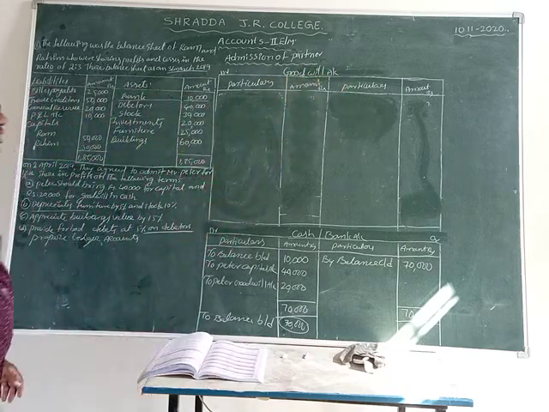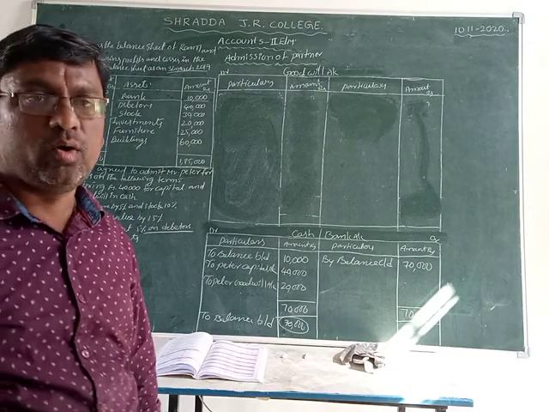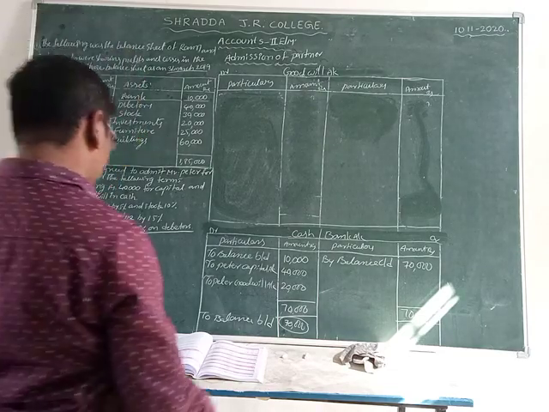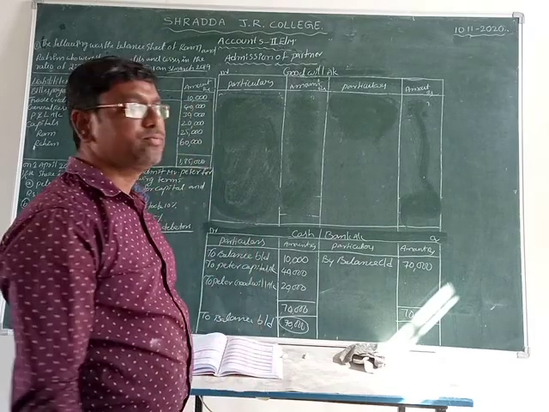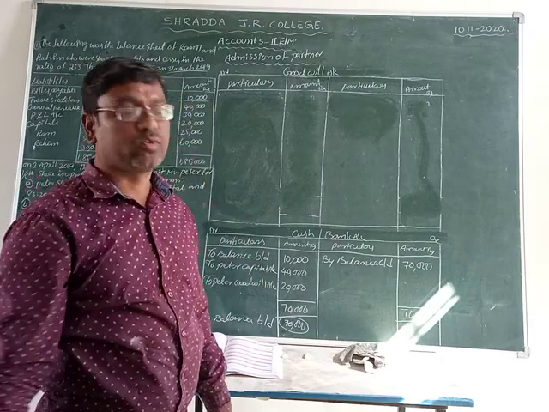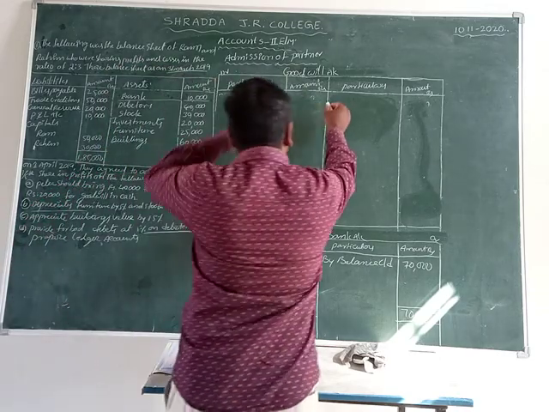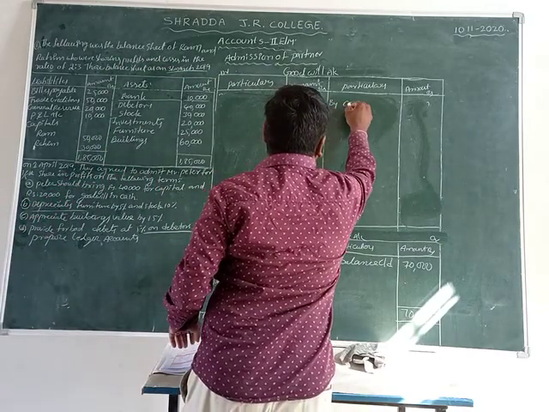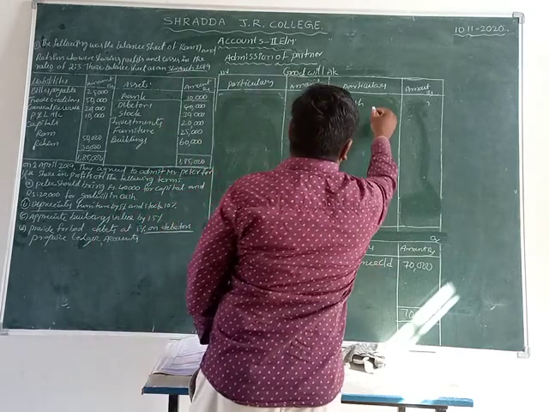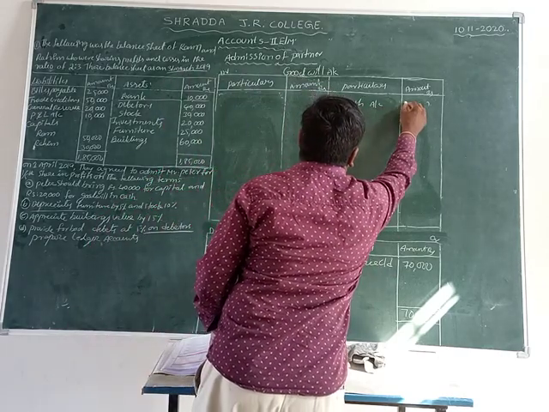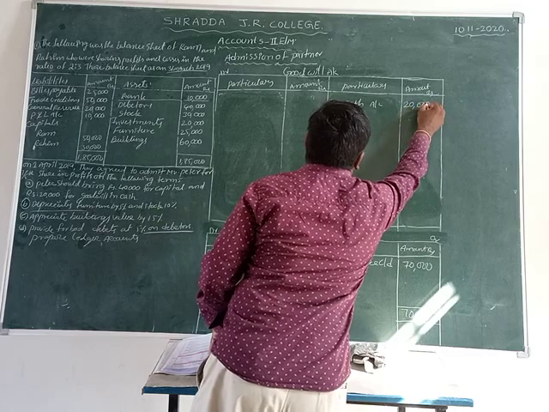The goodwill account has no opening balance and no closing balance. So Peter brings goodwill in cash only. That's why we take here on the credit side by cash account 20,000 rupees.